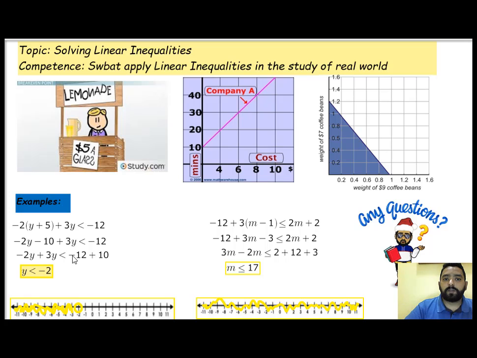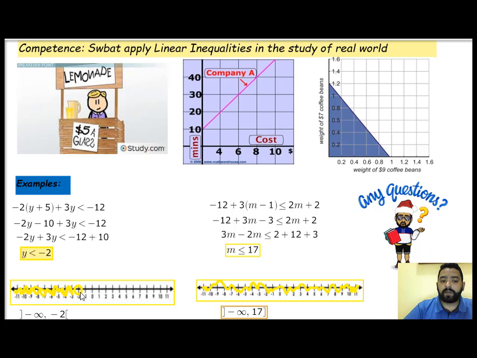So it's going to be -12 plus 10. Then we combine -2y plus 3y, which is y, only one y, less than -2. Why -2? Because we have -12 plus 10, and remember different signs: we subtract 10 and copy the sign of the number with more absolute value, in this case -12. Now we can represent this in graph notation and interval notation.